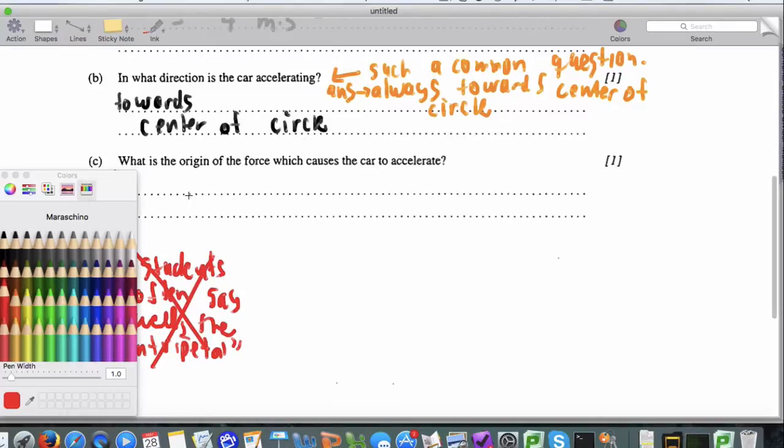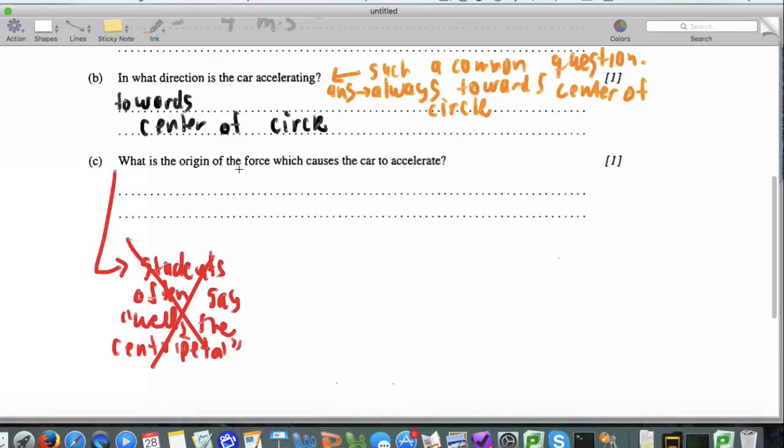So to be clear, you need an actual physical cause of the force. What I mean by that is gravity is causal, friction is causal, normal force is causal. Those are real pushes and pulls. So for these, I need the actual source of the push or the pull.